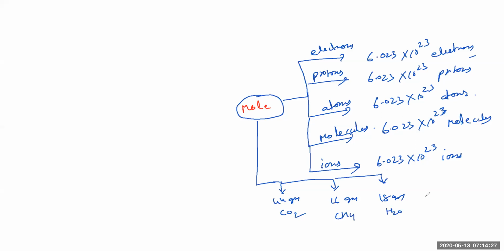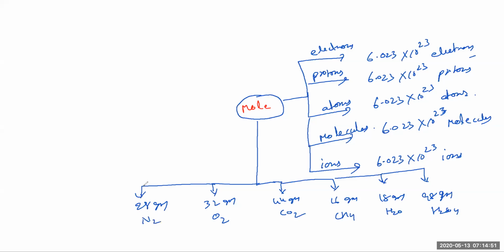Or 98 grams of H2SO4, right? Or 32 grams of O2, this is the mole. Or 28 grams of nitrogen is the mole, right? Or whatever you remember, 98 grams of H3PO4 is the mole. So the mole can be expressed in this way also.